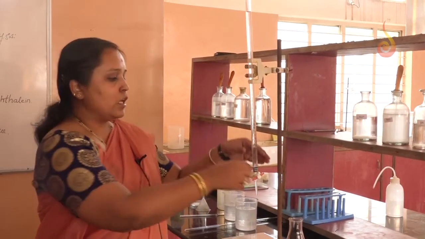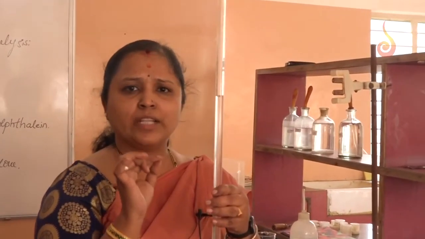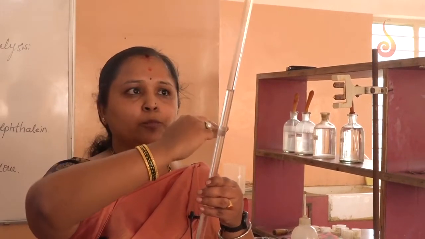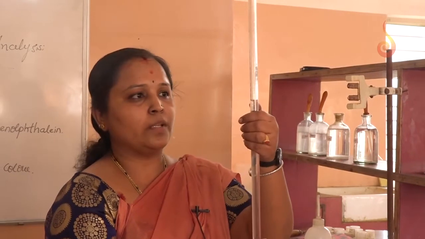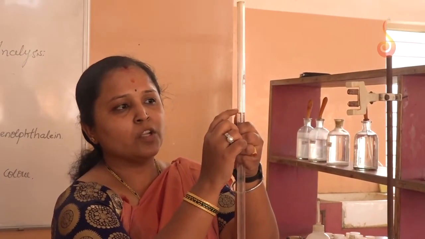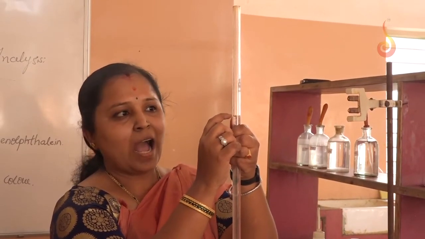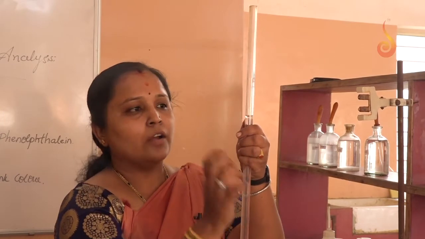Now what we have to do is close the burette tightly and take the reading. As I have told you, we take the reading from top to bottom. Here the lower meniscus has to be observed. This is the main division, which is 11 and 12. Now the meniscus is between 11 and 12, right?